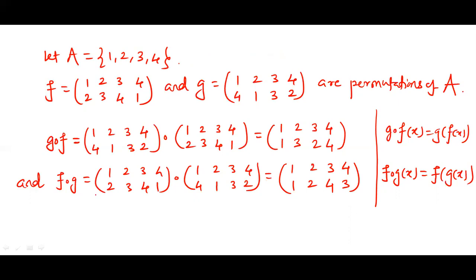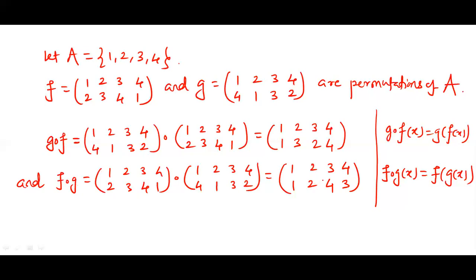See, note that we know that two functions are equal if and only if images of all elements are equal under those two functions. But here you can see that g naught f of 2 is 3 and f naught g of 2 is 2, right?